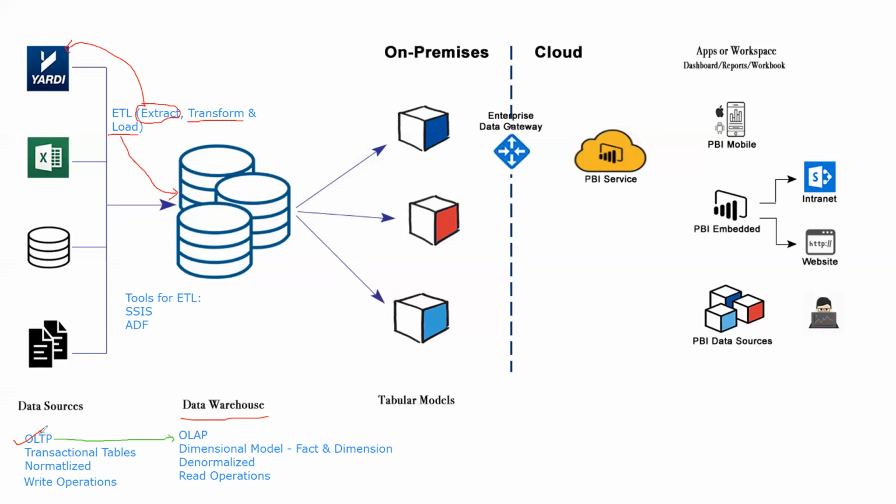So OLTP here represents transactional data, which is supporting the front-end business activities. And then OLAP is analytics, where you want to see how you're doing the business, whether there's a profit, loss, what all changes. So any decision you have to make, you will be completely relying on OLAP.